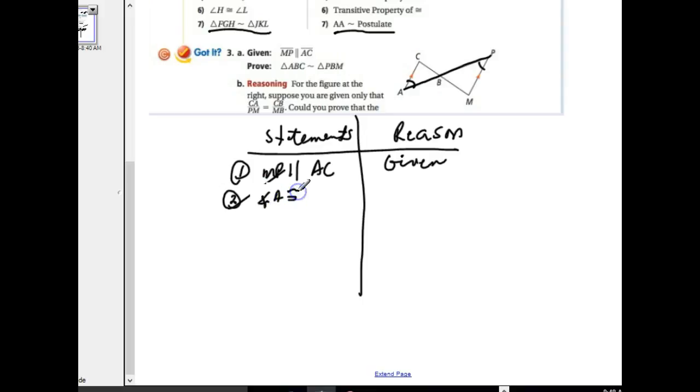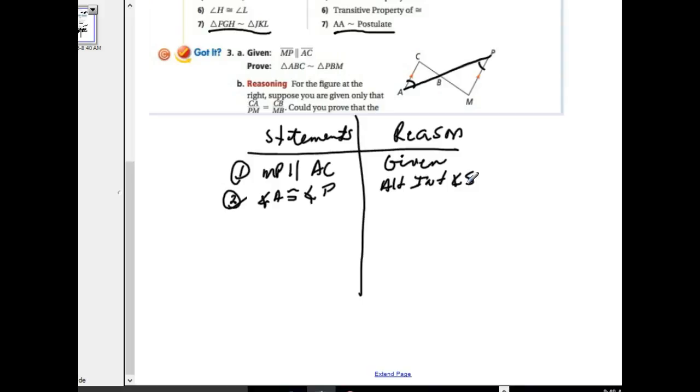The reason I can say that is a rule called alternate interior angles of two parallel lines are congruent. So angle A is congruent to angle P.